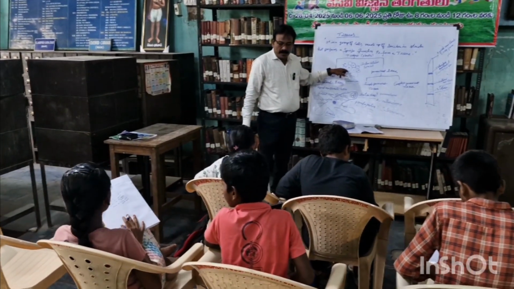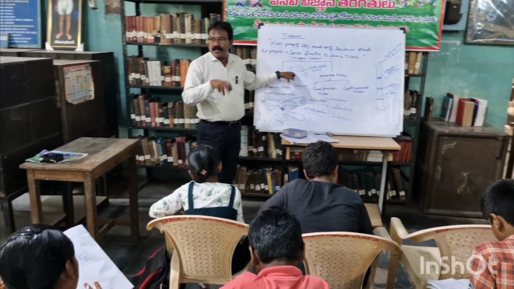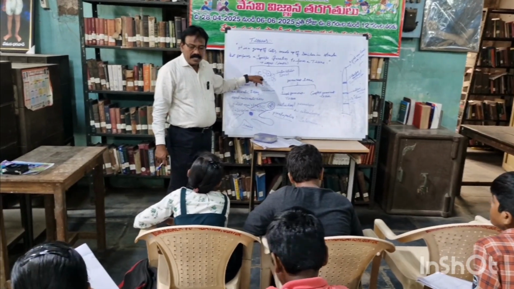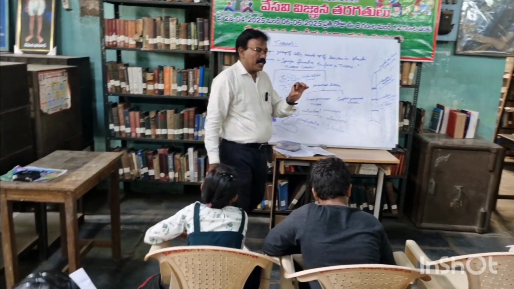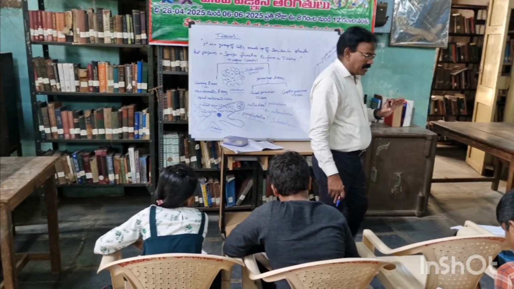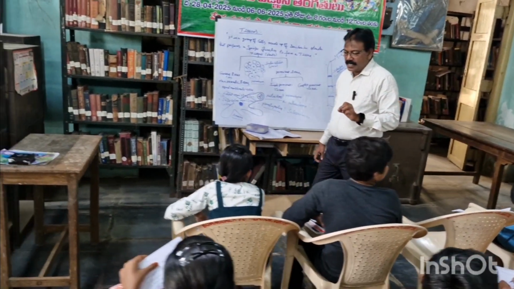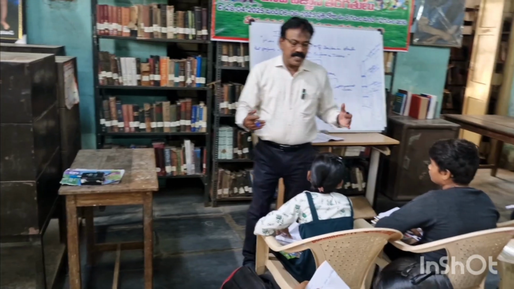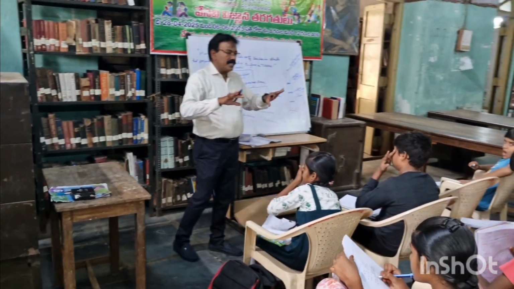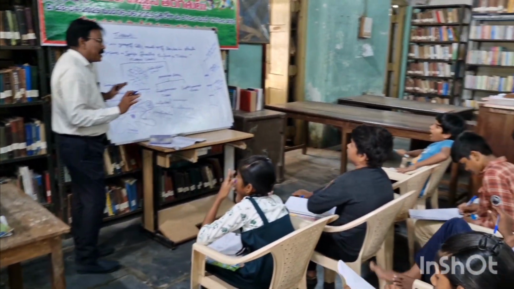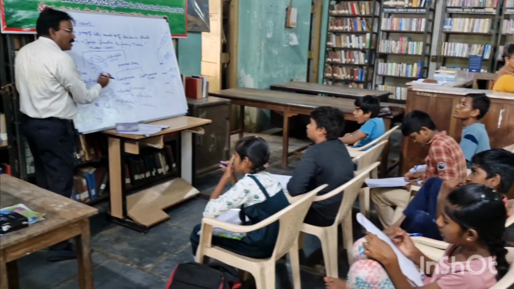The cells are loosely packed. Cells are round, and they have a thin cell wall, prominent nucleus, and they have intercellular spaces, more spaces. They are loosely arranged. And what is the main role of this parenchyma?